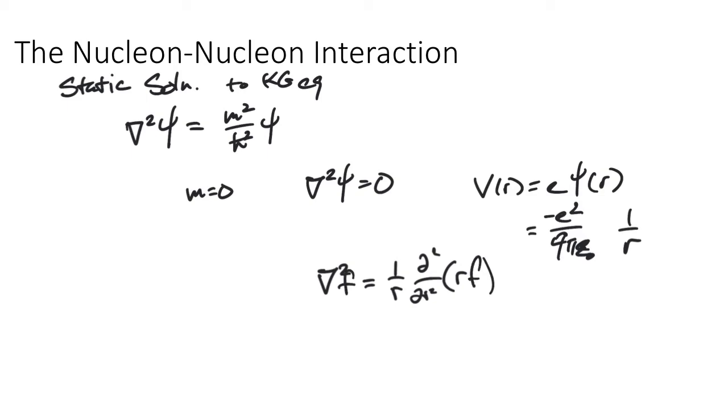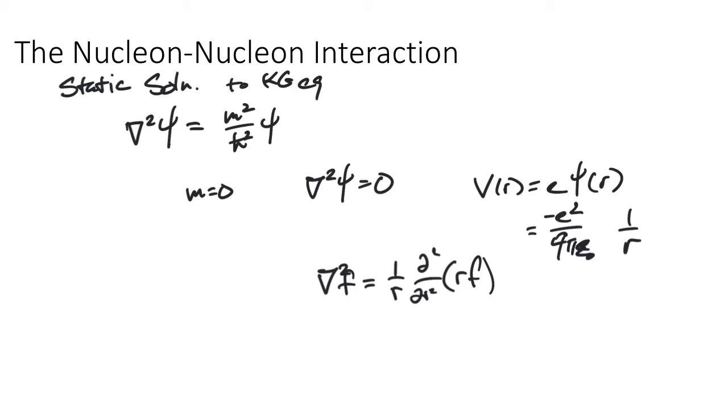So if you have some function in spherical coordinates that is only dependent on the radial coordinate, and you take the Laplacian of that function, this is the only term that you have. And so you see that for the electromagnetic case, the r f, this r cancels and you have a constant here, so that if you take two derivatives of it, you get 0.